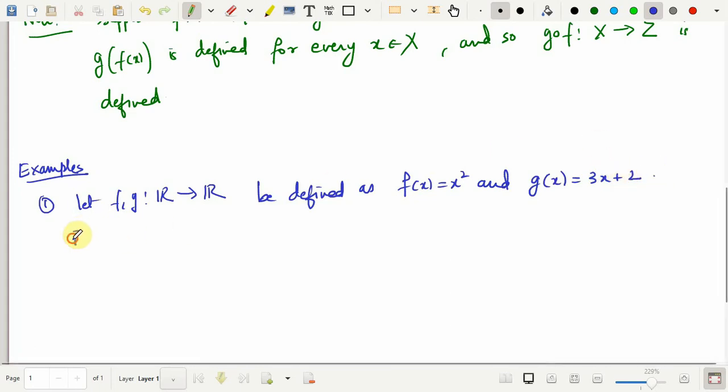Find g composite f and f composite g, and the question is, are they the same?